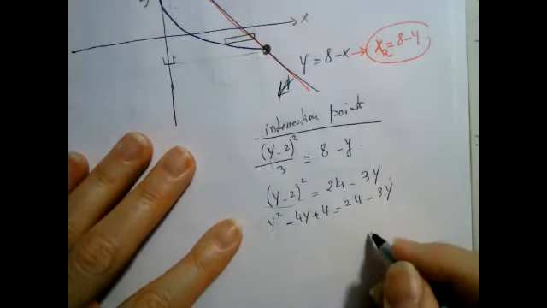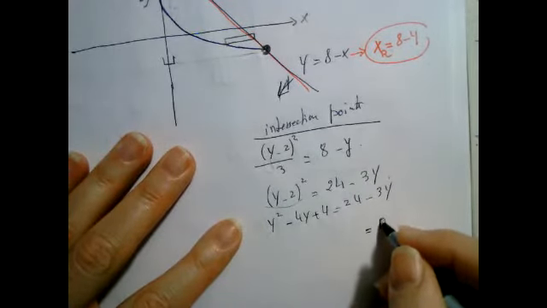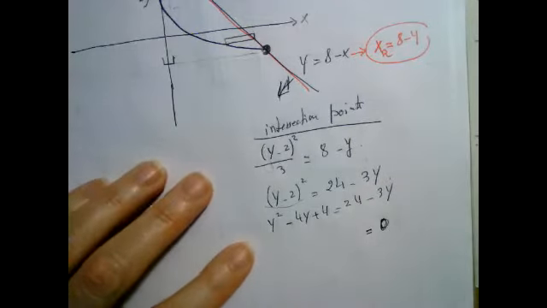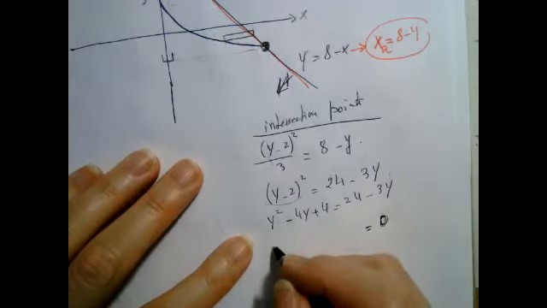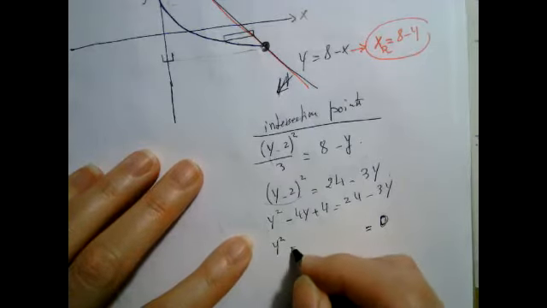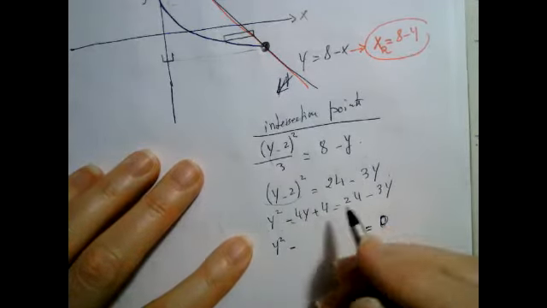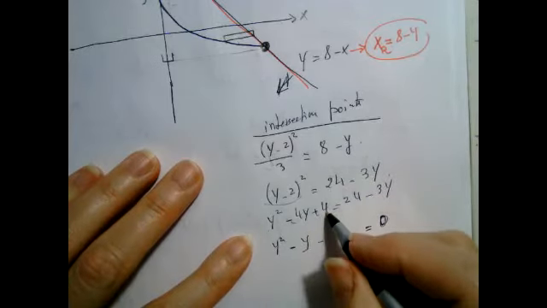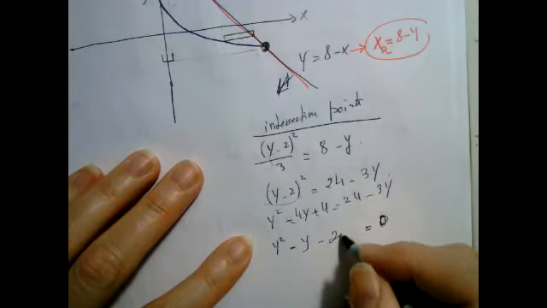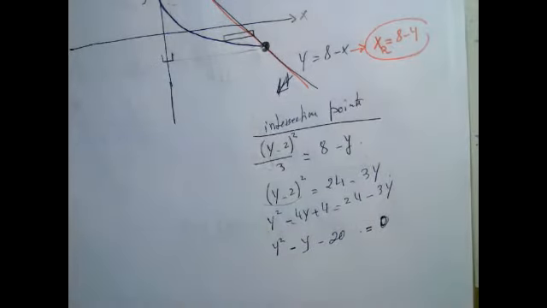Since that's a quadratic, I have to rewrite it to make sure there is 0 alone on one side, and then factor. So I'm going to have y squared minus 4y plus 3y, which means minus y, plus 4 minus 24, which is minus 20. Now I factor.